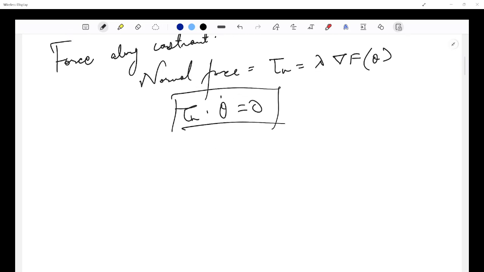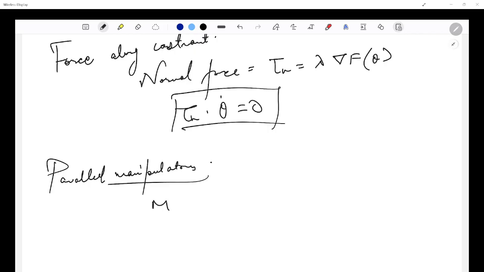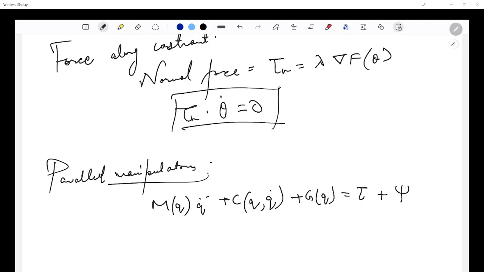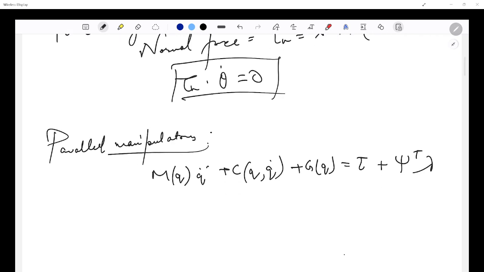Now we can also talk about parallel manipulators and what happens there. In parallel manipulators, we have M(q) into q double dot plus C(q, q dot) plus G(q) equal to this term, where lambda contains all the constraint forces, and psi is the constraint Jacobian.